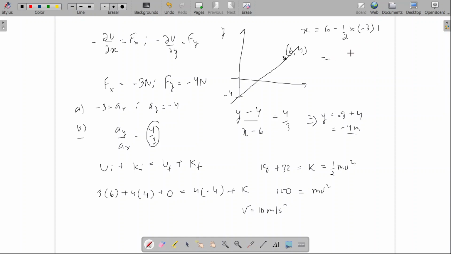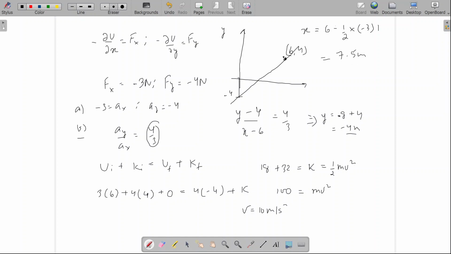So this would be 6 plus 1.5, that would be 7.5 meters.